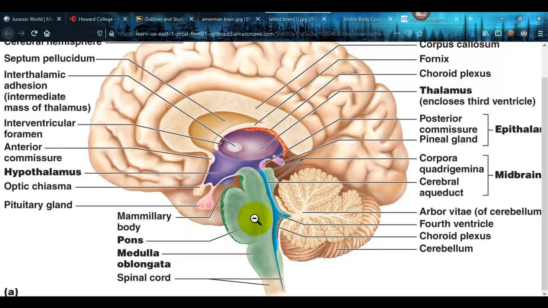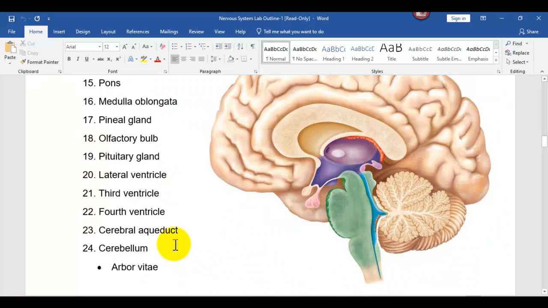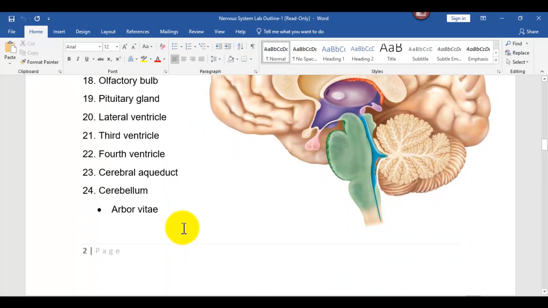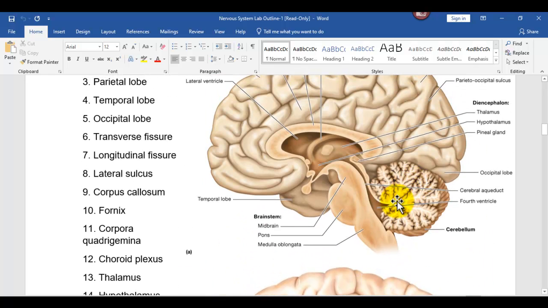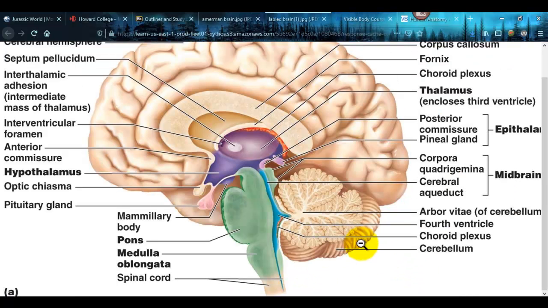And it's all highlighted here as sort of the inside part of the brain. There's the thalamus. And like I said, here's the cerebellum, and then that white myelinated area there is the arbor vitae. You can see it there really good. And it's even labeled on this one.